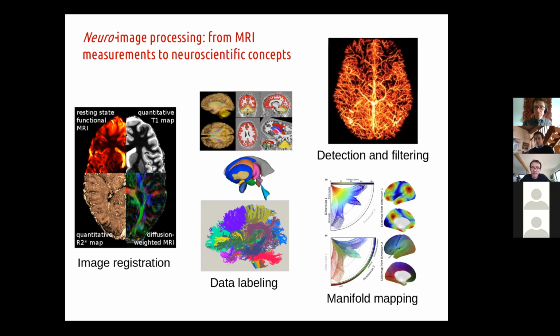And a last field that's a bit more abstract and maybe more focused on the neuroscience side of neuroimaging is that we want to be able to map all that rich information that we obtain in those fields into spaces that we can manipulate and work with.